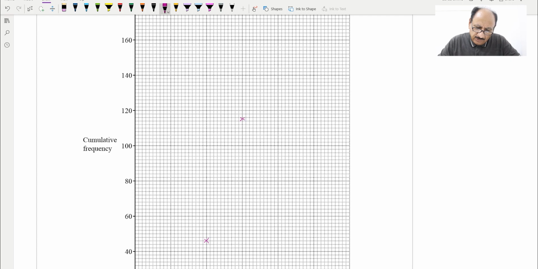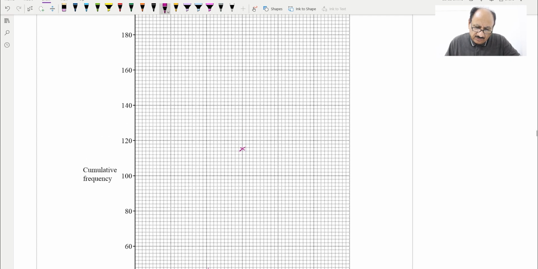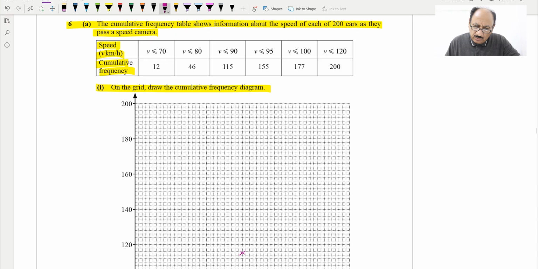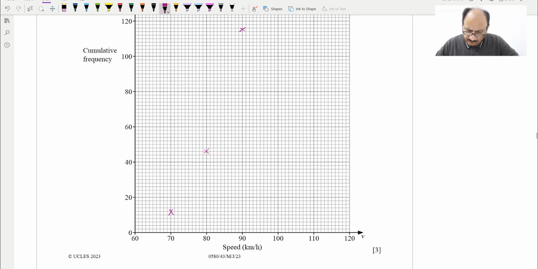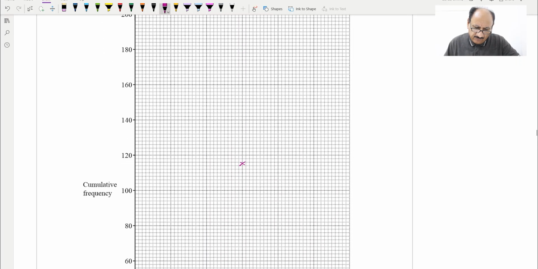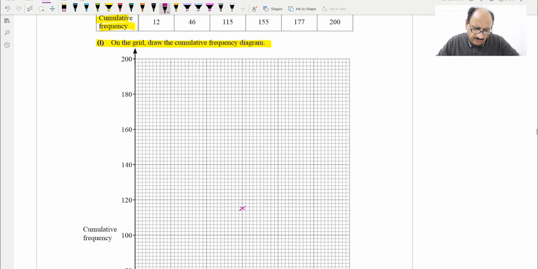115 will be over here, and next comes 95 is 155. So 95 will be this one, and for 95 it's 155. So 150 and then 155 will be over here.